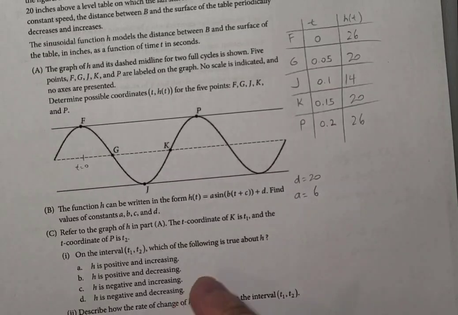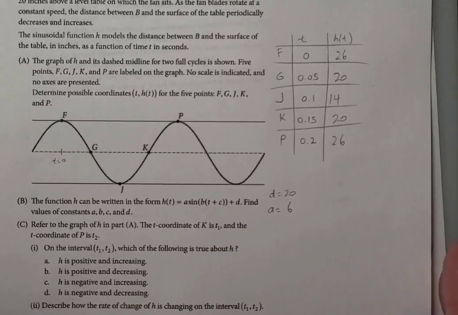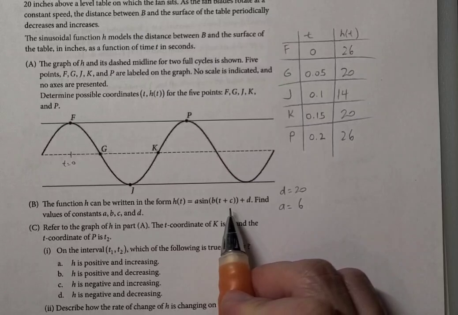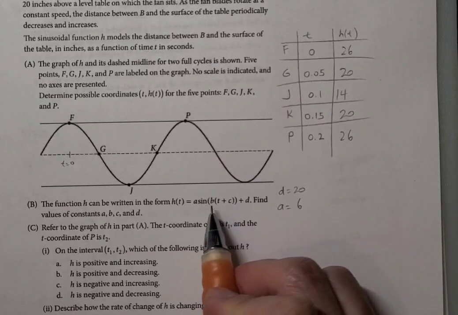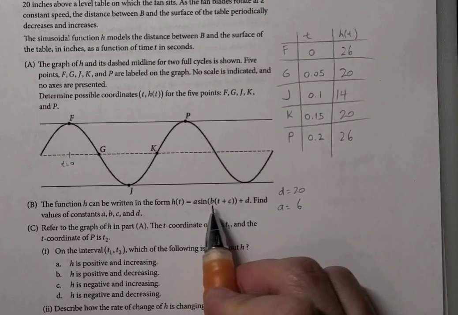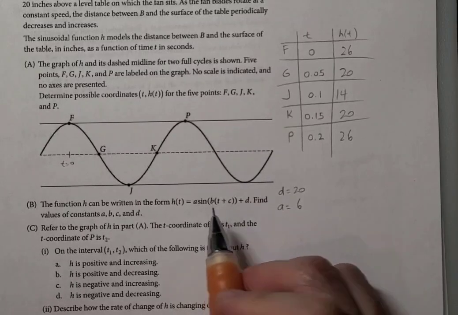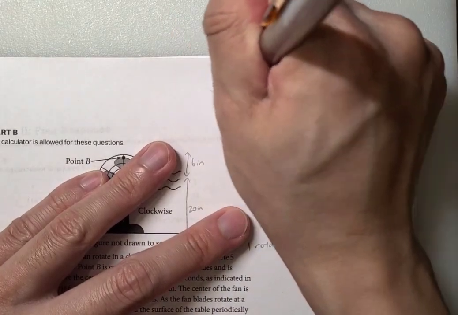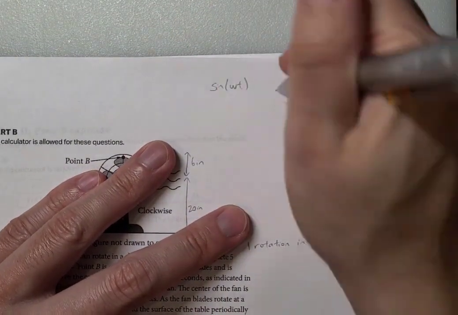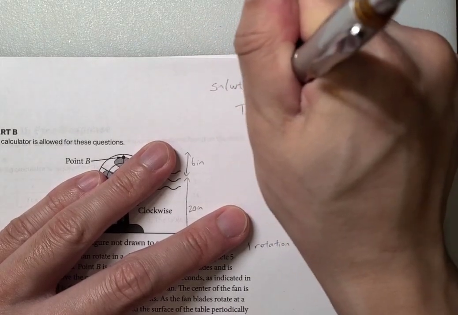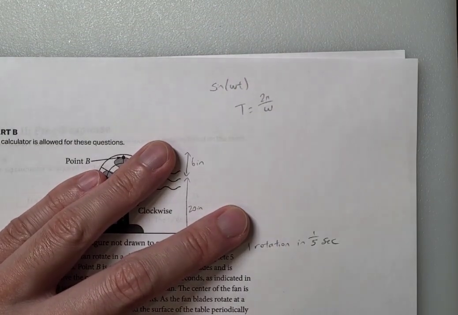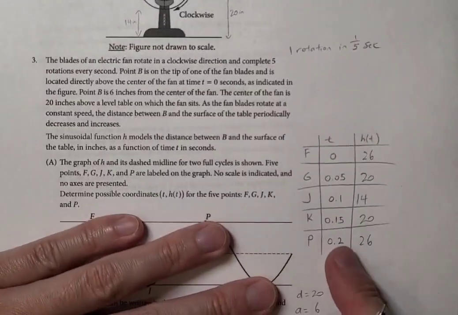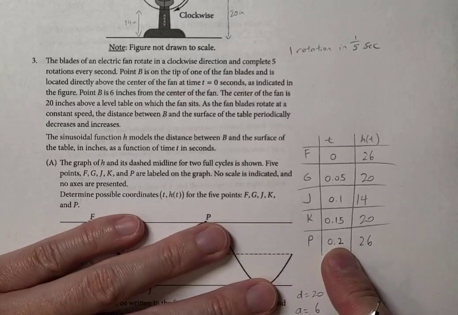Okay, so now let's do the tougher part, the B and C. So C is how much is horizontally shifted, and B is the period. So what is the period? Remember, if we have like sine of omega t, the period, capital T, is 2 pi over omega. Okay, so we know that we want the period to be 0.2, right?